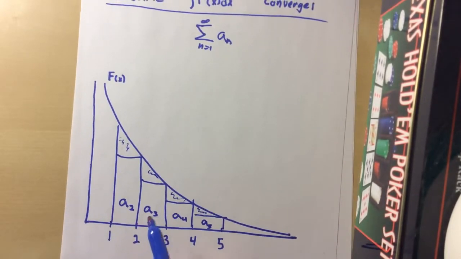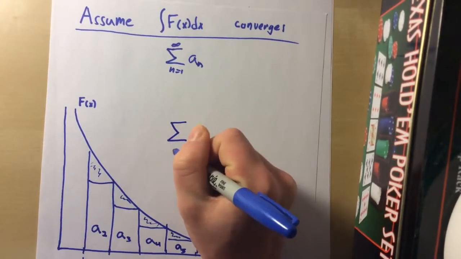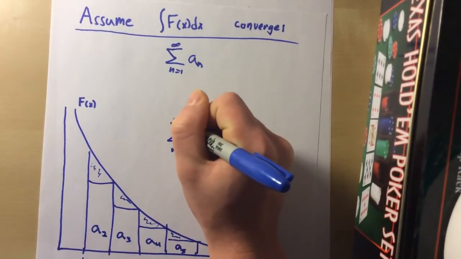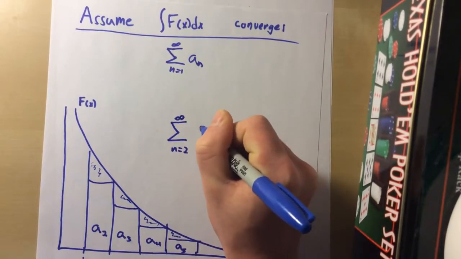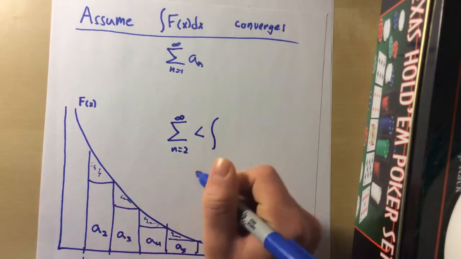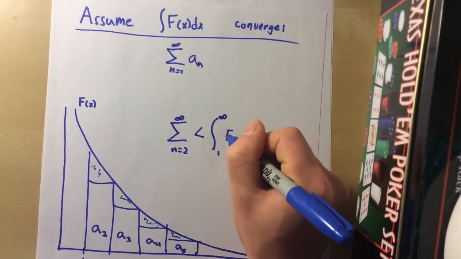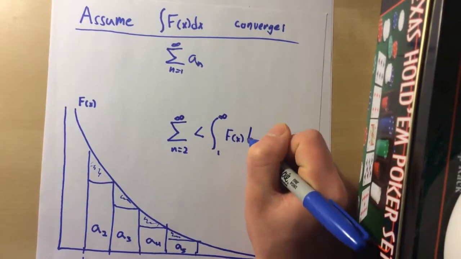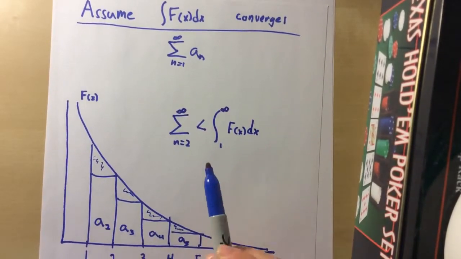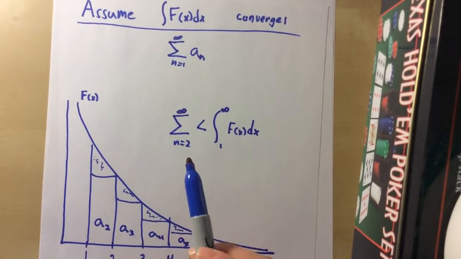So what this is telling us is that the series from n equals 2 to infinity is less than our integral. Well, we're starting from here, from 1 to infinity of f of x dx. So that proves that the series from 2 to infinity converges.